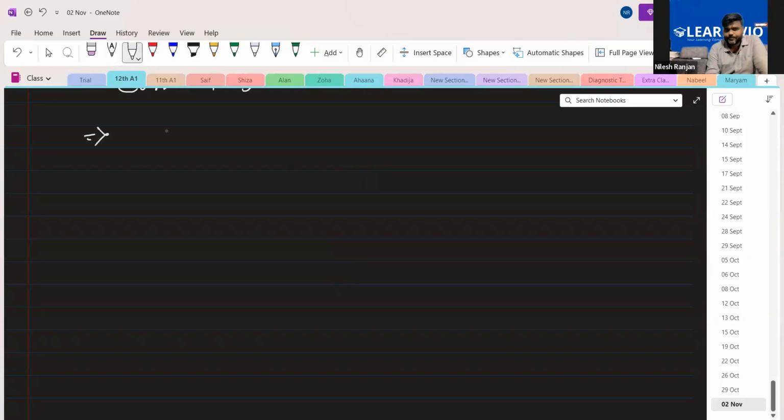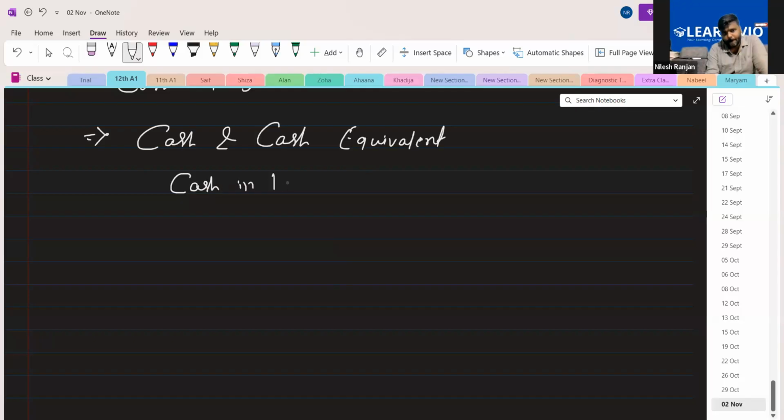So cash and cash equivalent. Under cash and cash equivalent, we include cash in hand, then cash at bank.